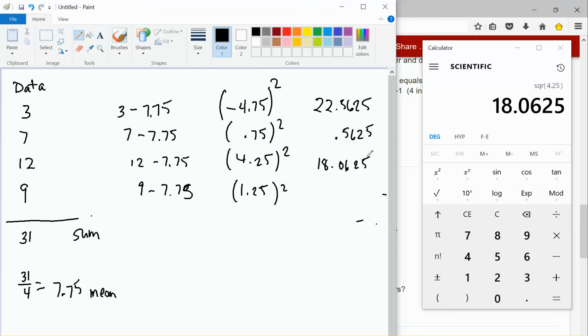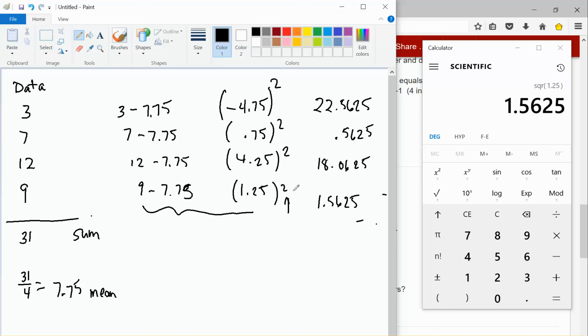And I'll take 1.25 and square it, and that gives me 1.5625. Okay, so what I've done is taken the square of the deviations. The deviations is how far each data point is from the mean. Here's where I calculated my deviations, and then I squared them.